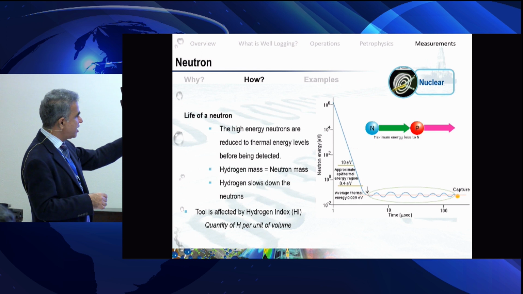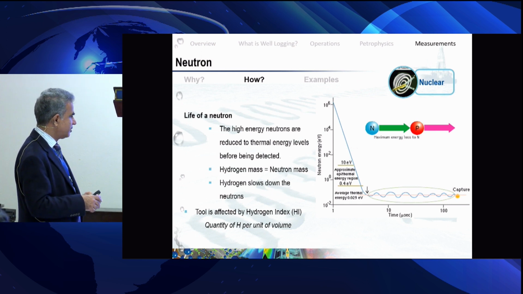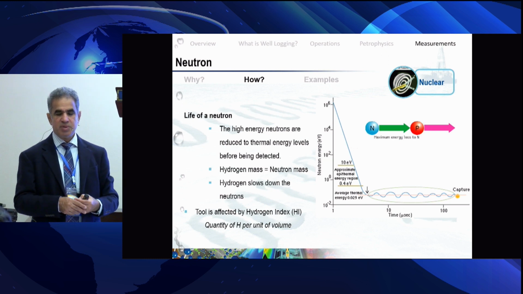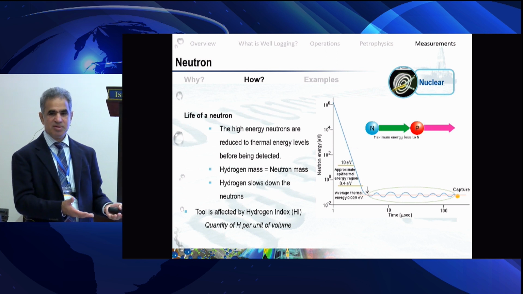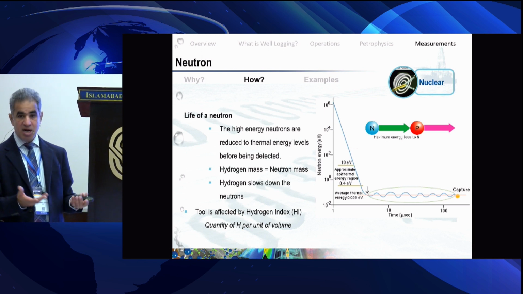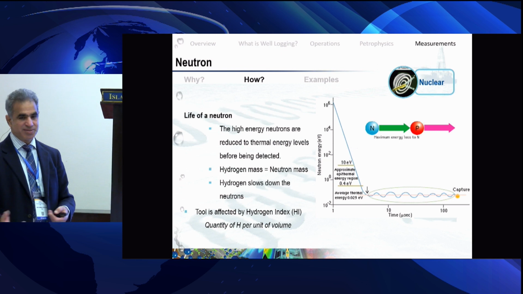So what we are interested in is this thermal range, to measure the hydrogen index. Hydrogen index is basically the porosity, because the pore is not empty, it contains a certain volume, and if you assume it's all water, it means this is hydrogen, and that's what we call porosity, meaning hydrogen index.